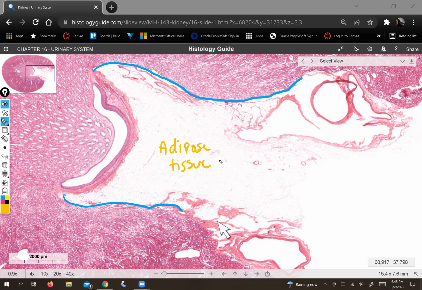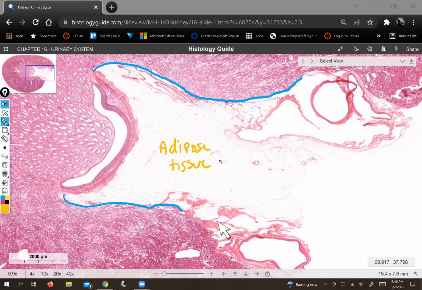It is devoid of kidney tissue, and that space is instead filled with fat, and it's used to anchor the tubes that are coming and going from the kidney at that location. So for any organ, the hilus or hilum is literally just the area on the organ where arteries are entering, veins are leaving, nerves are entering and leaving, lymphatics as well, and in the case of the kidney, also the renal pelvis and then the ureter.